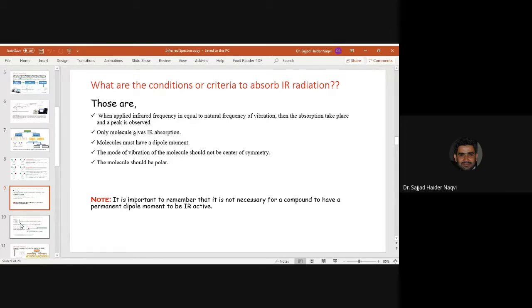The molecule must have a dipole moment in order to be applied for IR spectroscopy. You all know about the dipole moment: if there are two electronegative elements, they create a partial negative and a partial positive charge. That's how a dipole moment is created. The mode of vibration should not be at the center of symmetry, and the molecules should be polar. It's the same thing as I said, having a dipole moment or a polar molecule.